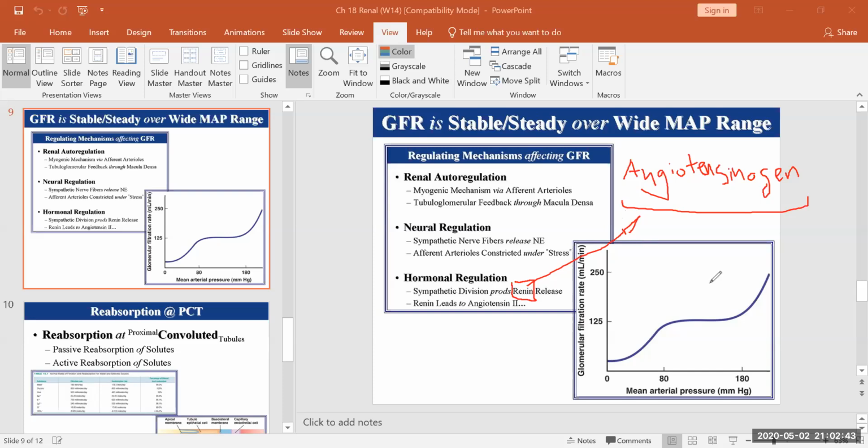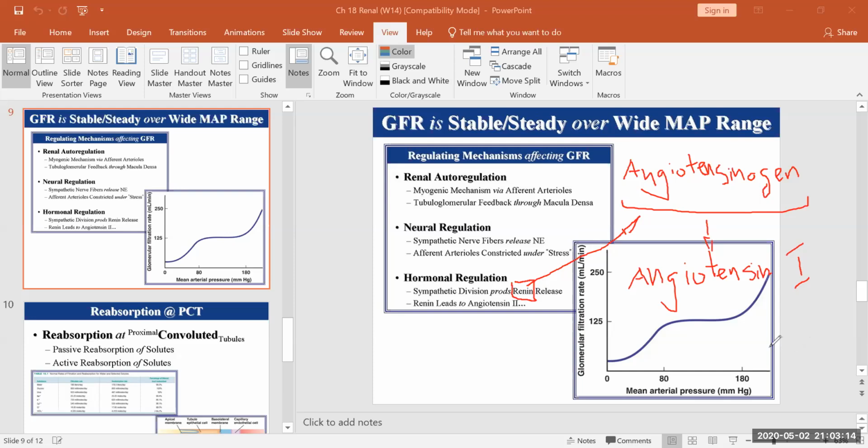Renin acts like a protease. It will cut the angiotensinogen into a smaller protein called angiotensin 1. Roman numeral 1, okay? Angiotensin 1.